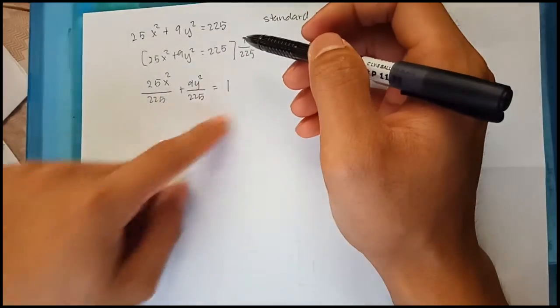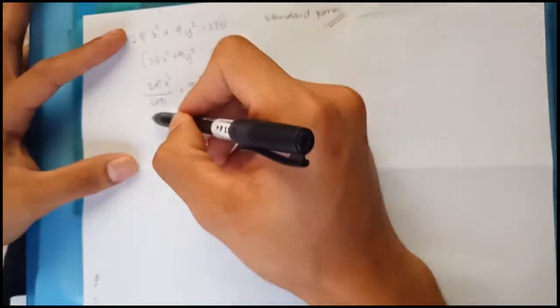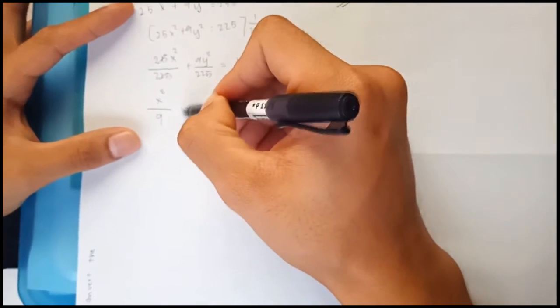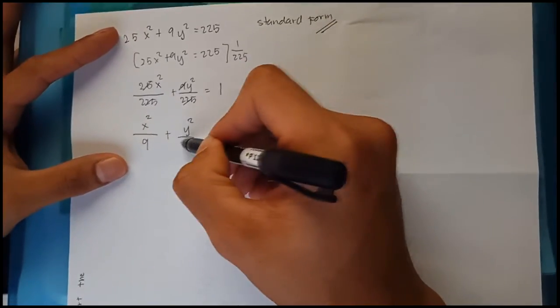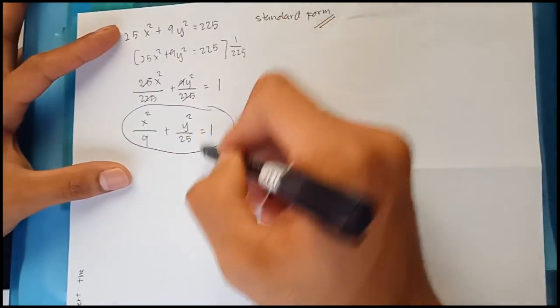Then we simplify the whole equation. This would be x squared over 9, then the other one here is y squared over 25 equals 1. So this is the standard form.